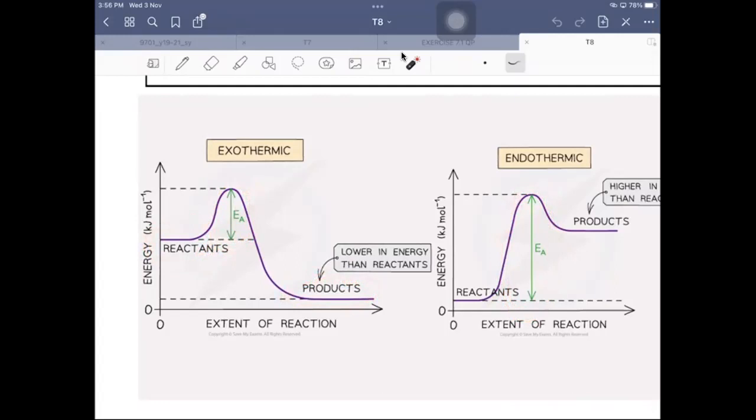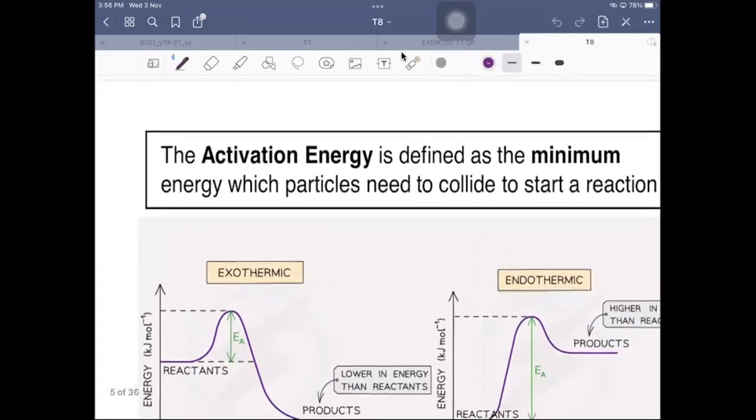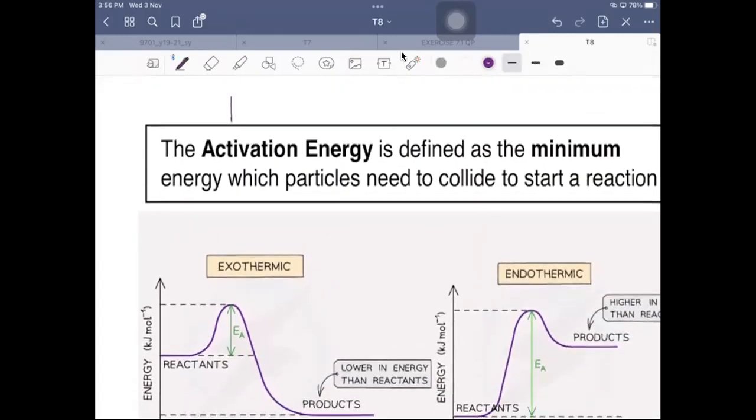Endothermic needs to take in energy first, but exothermic doesn't always 100% happen spontaneously. You need to climb up the hill first. The symbol for activation energy is E with a subscript A. That stands for activation energy.